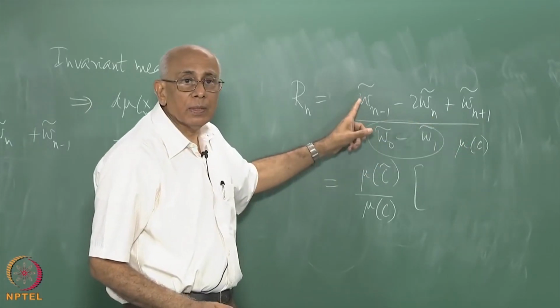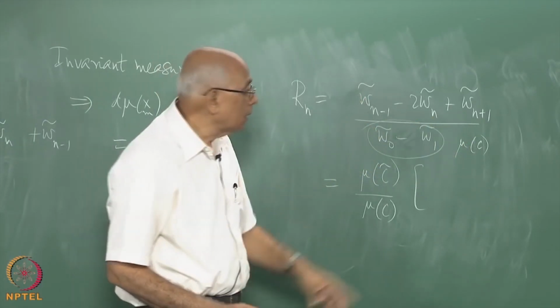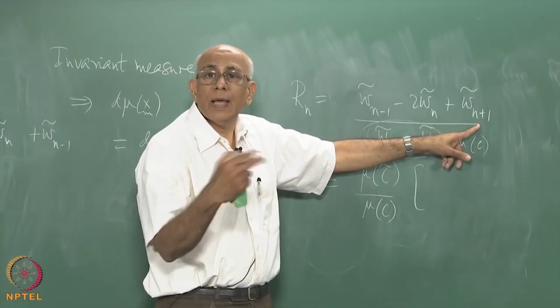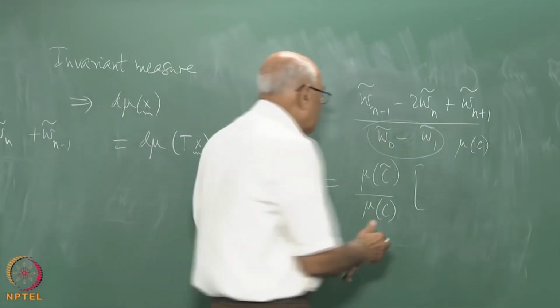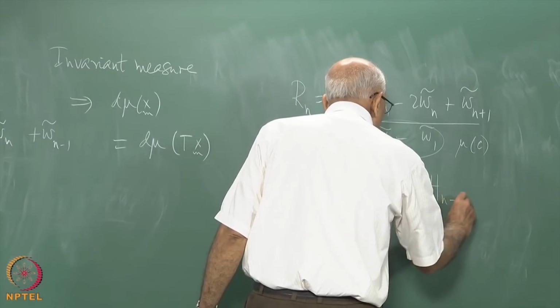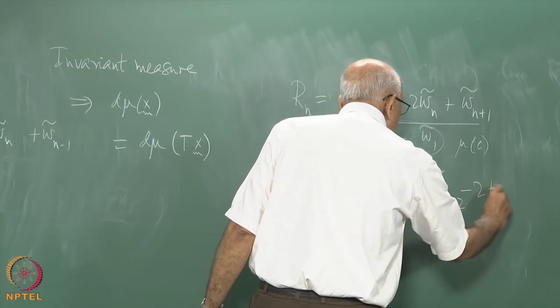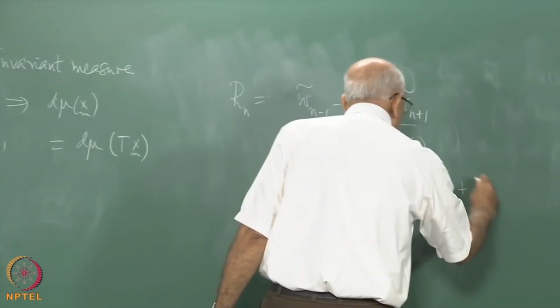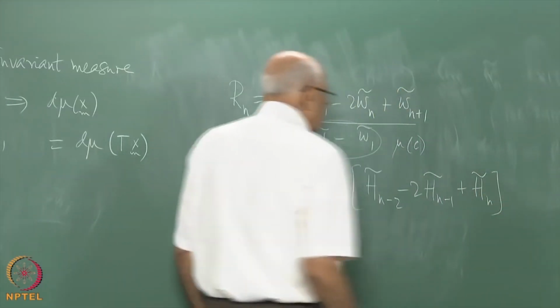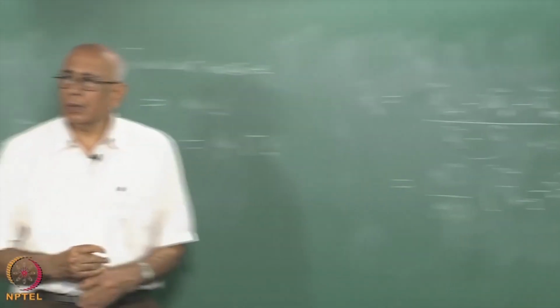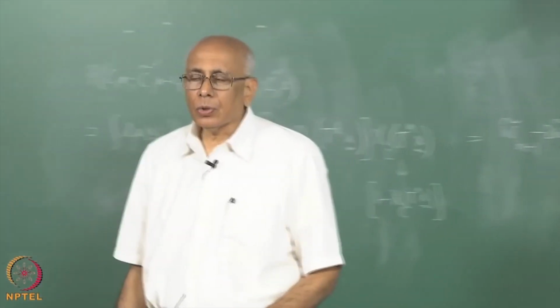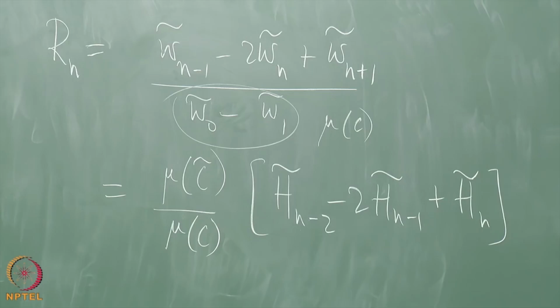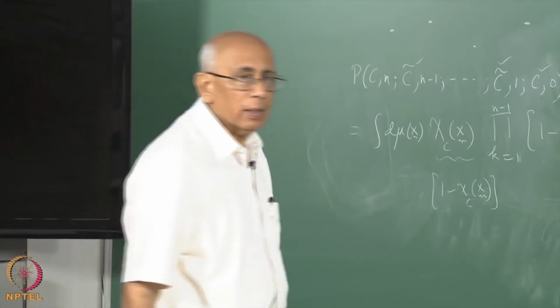What was this fellow here? In terms of sojourn probabilities, Wn plus 1 was Hn. So this fellow is Hn minus 2 minus twice Hn minus 1 tilde plus Hn. So it is the second difference of the sojourn probabilities, and that is normalized. We have to check normalization, we still have to do this.